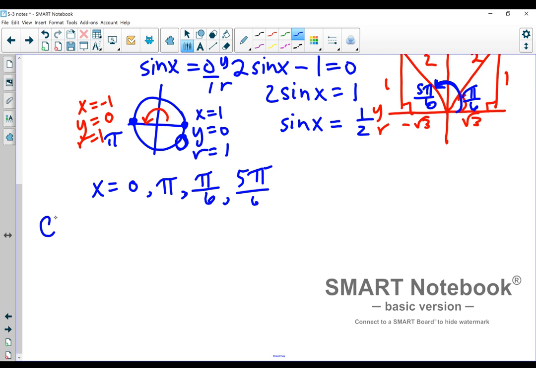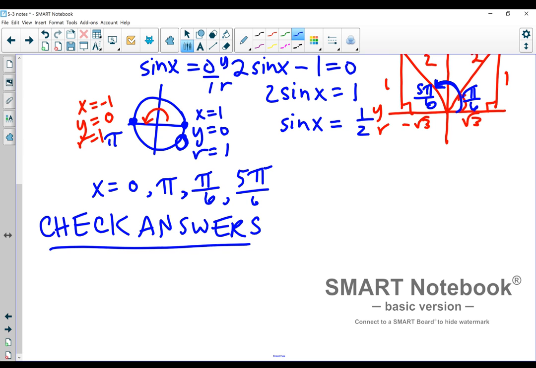So we need to check answers. And the reason we have to check answers on this one and not the others is that we substituted trig functions. So we are checking answers because we subbed trig functions. Because I replaced my cosine squared of x with 1 minus sine squared of x, we have to check this.